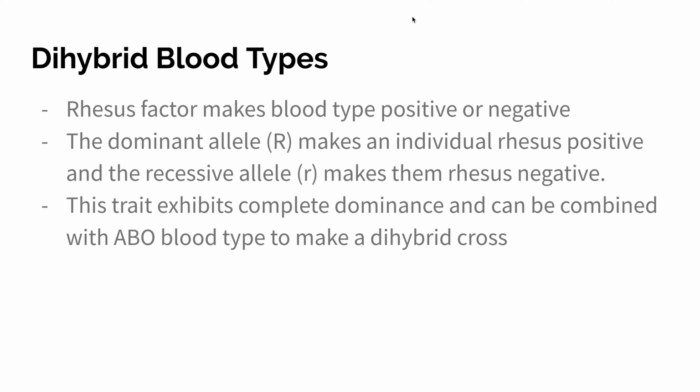And this works on complete Mendelian dominance. But we can combine it with ABO blood type to make a dihybrid cross. So you can actually make really interesting dihybrid crosses with blood type because the two genes that you're working with, even though they both relate to the same thing, blood type, work in completely different manners. So you can get very interesting patterns out of it.